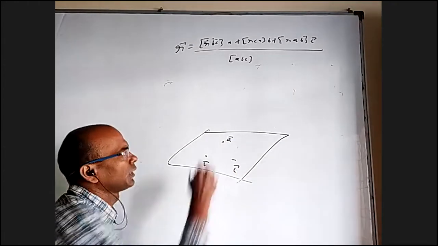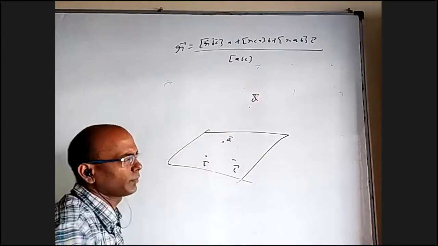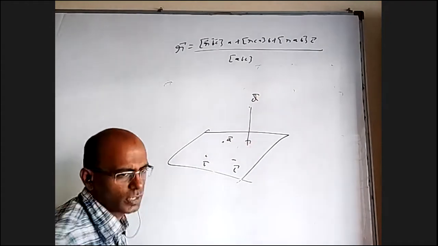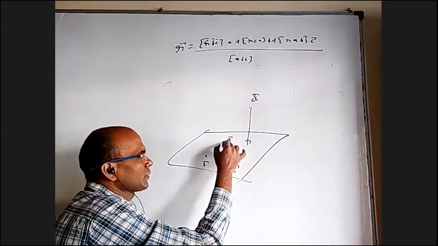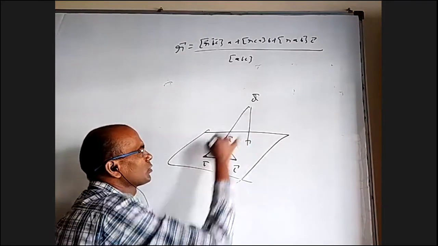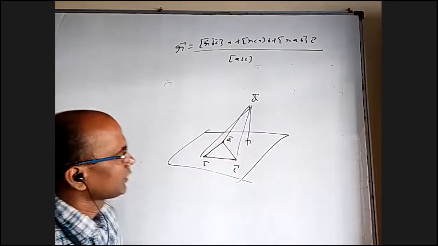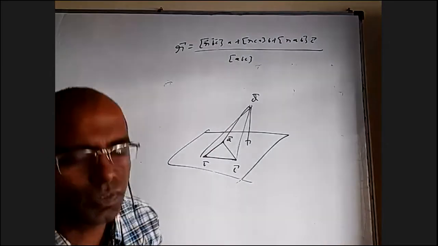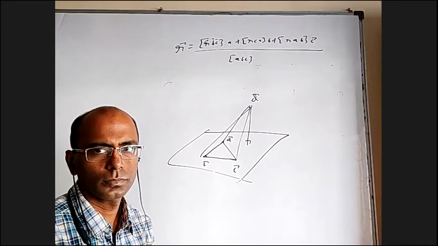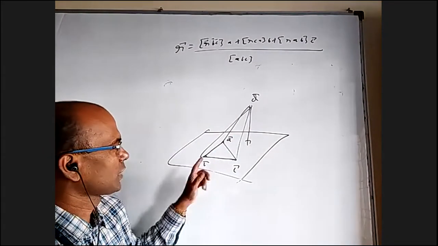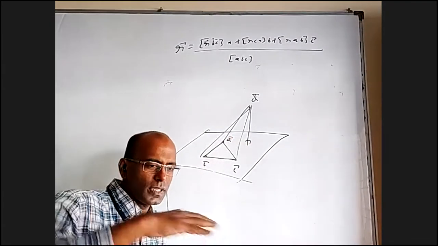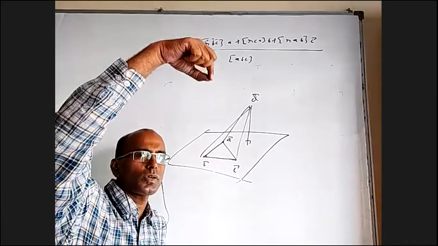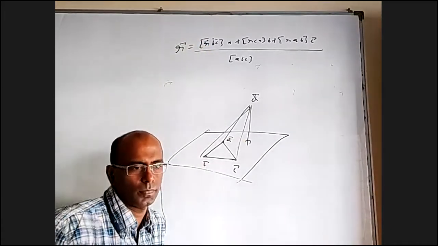D bar is somewhere outside the plane. I want to find the perpendicular distance from a point to a plane. It is as good as asking: join A, B, C and join them to D. They form a tetrahedron. They can ask what is the height of the tetrahedron from D. Of course, they could ask from which vertex they want. So the triangle joining ABC is your base, and D is somewhere above. They want to know the height from D to the base.